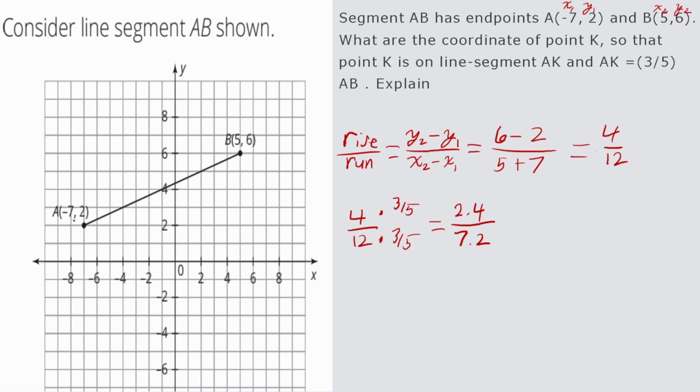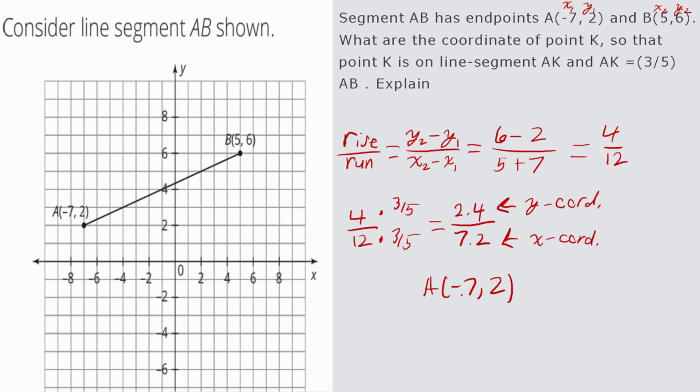And the way we could do this without even using our graph is we just take the coordinates of A and we write them out here. What I'm going to say is A is negative 7, comma 2. And what we're going to do is use these coordinates. Now remember, the top of our rise is my y coordinate, and the bottom is my run, which would be my x coordinate. That's important, and the reason that's important is because we have to know which one to add these to.